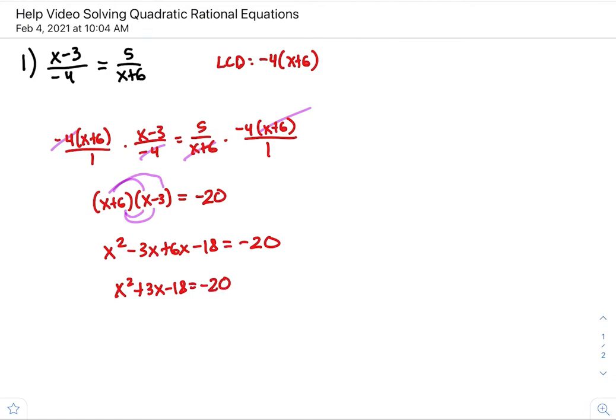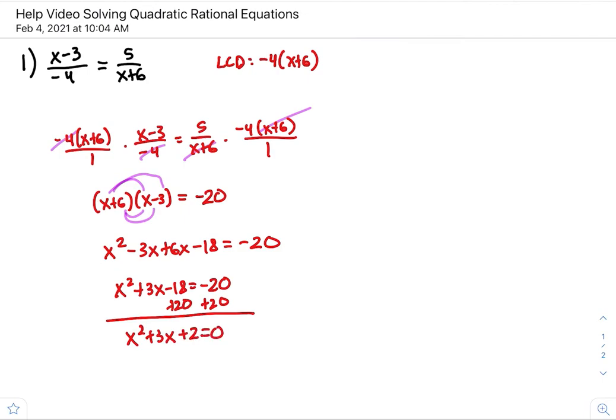Now, since this is a quadratic, you know it's a quadratic because the highest degree is 2, when you solve for quadratics, you have to set it equal to 0. So we have to add 20 to both sides, so that this whole equation, -18 plus 20 is plus 2, is equal to 0.